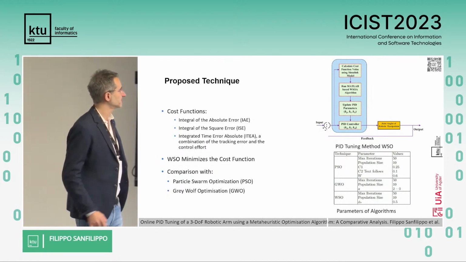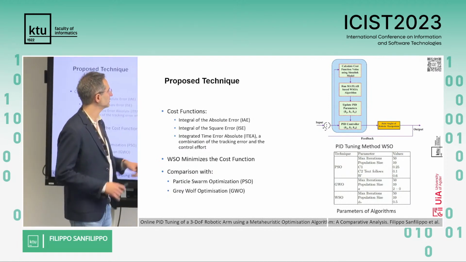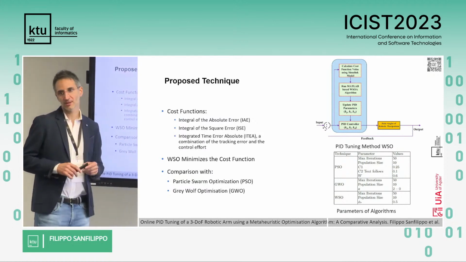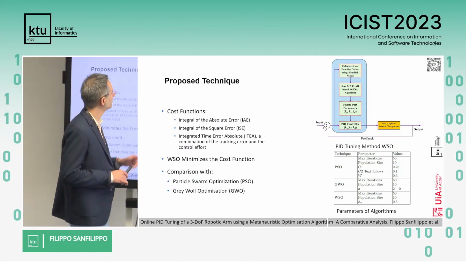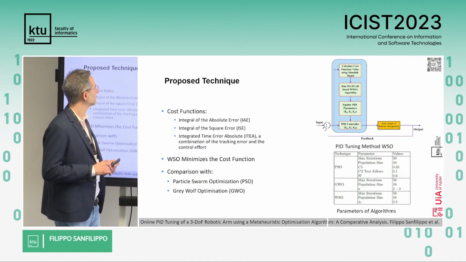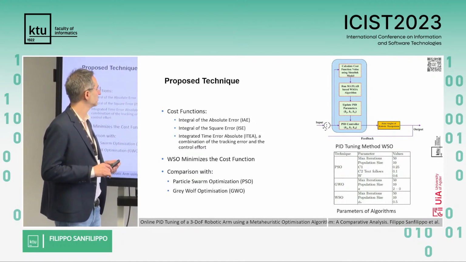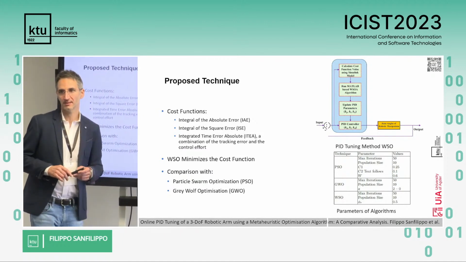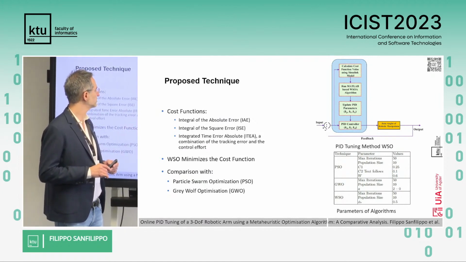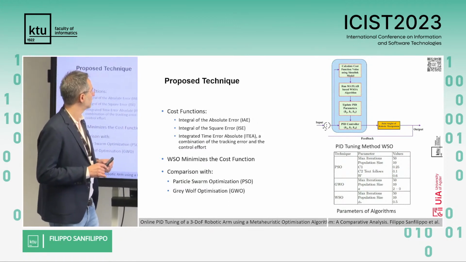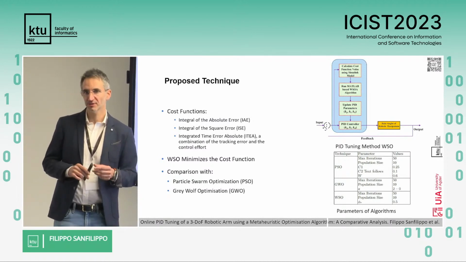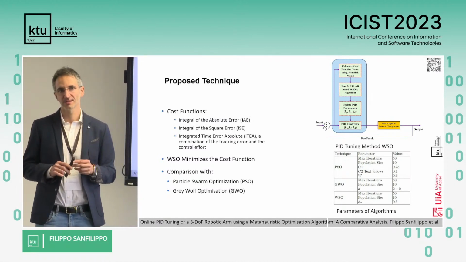So here we have a flowchart with how the metaheuristic is integrated with the tuning of the PID. Basically, as the first step, we calculate the cost function value using our model, which is implemented in Simulink. Then we run the war strategy optimization algorithm, and we get the values of our parameters for the PID, which are 3 parameters.